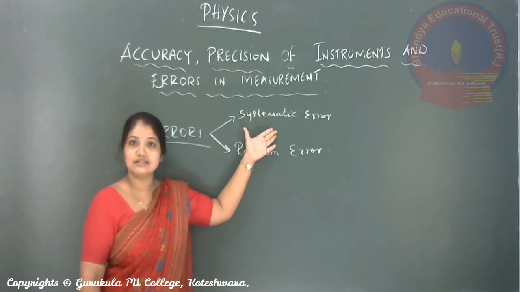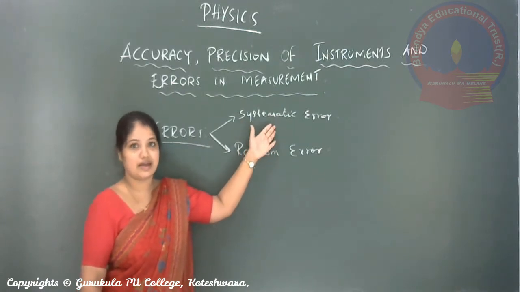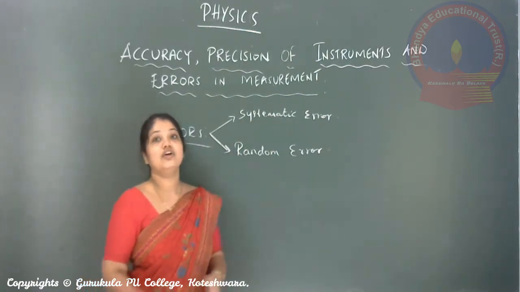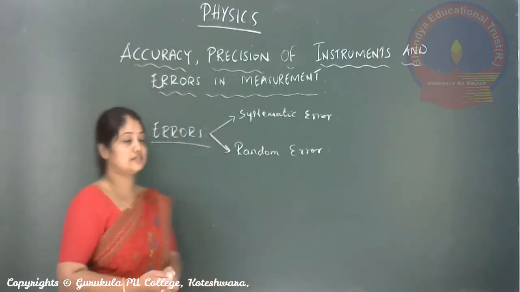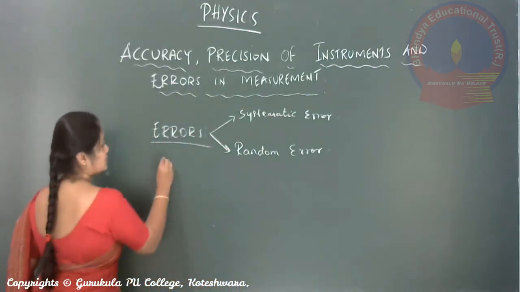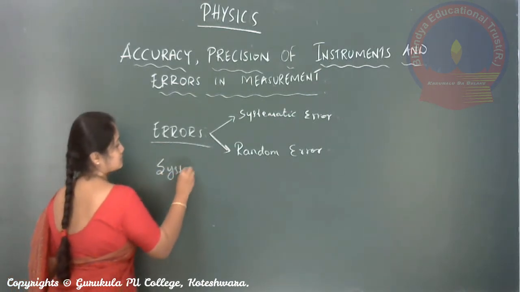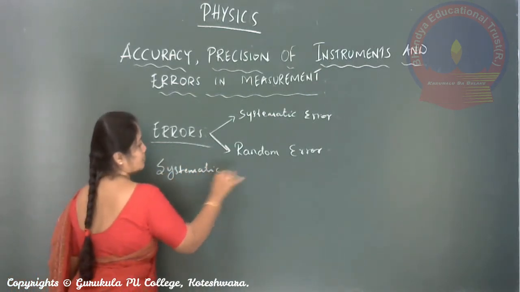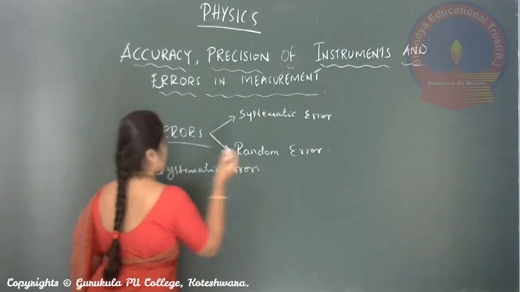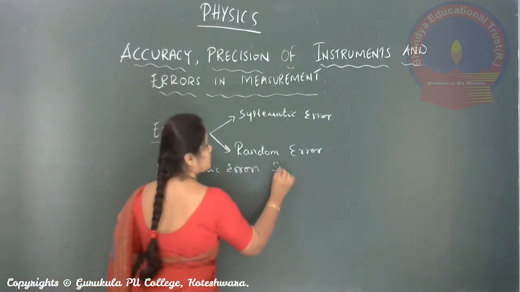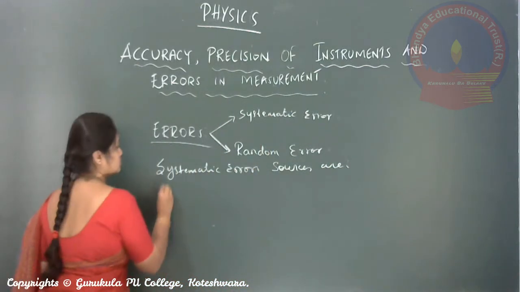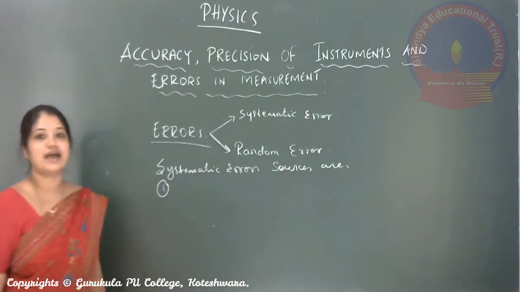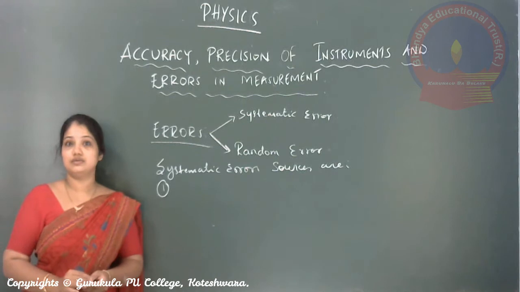Then this will have certain sources. There are certain sources of systematic errors. Now let us see the different sources of systematic errors. We have three main sources.